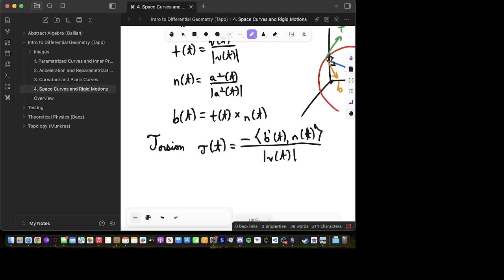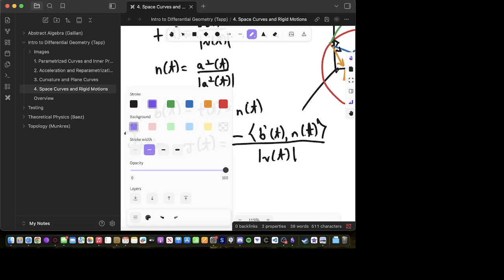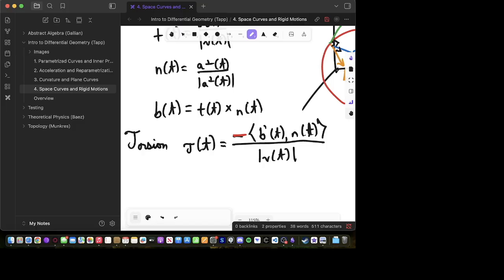So just like curvature, we also want torsion to be independent of parametrization. So let's prove this. Oh, also, by the way, this negative sign might not exist in other videos or books. As I mentioned in the very first video, I'm using TAP to go over this content, and TAP uses the negative sign for torsion, so keep that in mind.